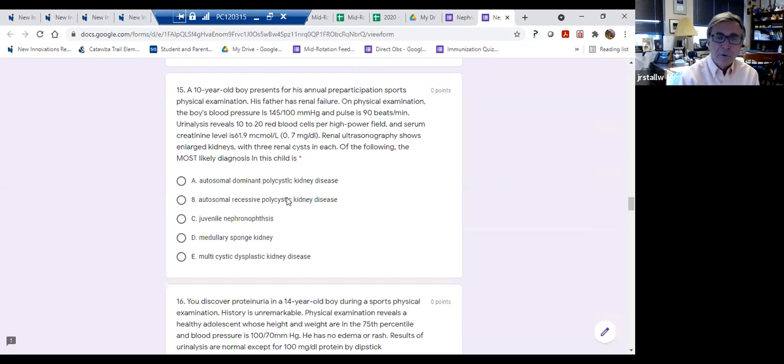Juvenile nephronophthisis is microcystic disease. Medullary sponge kidney would be unilateral. Multicystic dysplastic kidney would be unilateral. So if you're looking at cysts in kidneys, my discriminator is number 1, unilateral or bilateral. Number 2, macro or micro cyst.